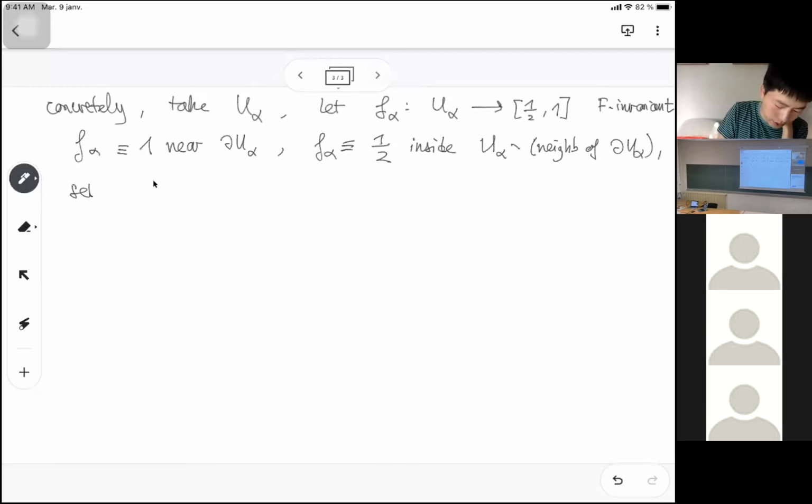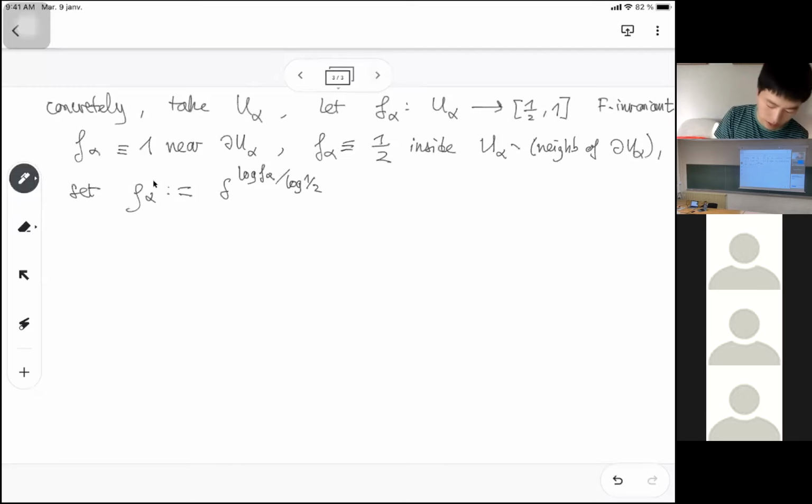Then you set your function, and that's going to be the real cutoff function, equal to delta, so it depends on delta, the collapsing parameter, to this power. That's a little bit of an arbitrary choice, but what's important is that rho is going to be delta inside U alpha, and very close to partial U alpha, rho is going to be, sorry, 1.